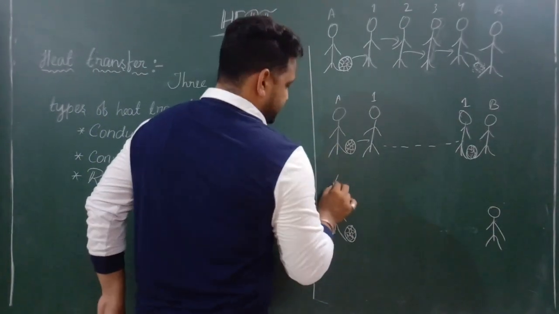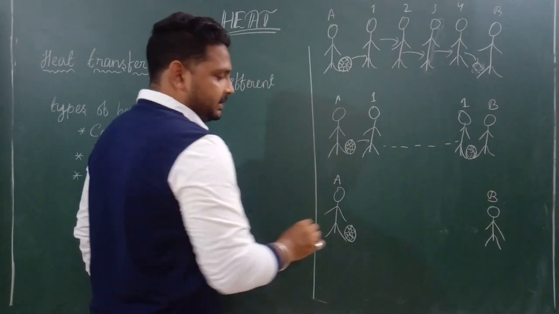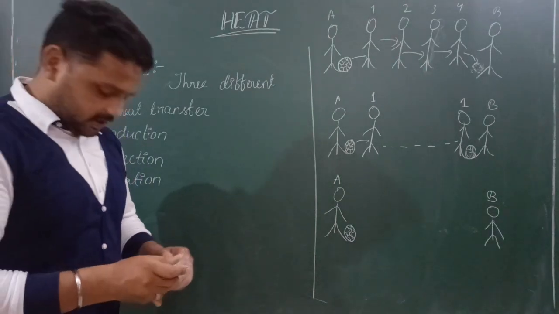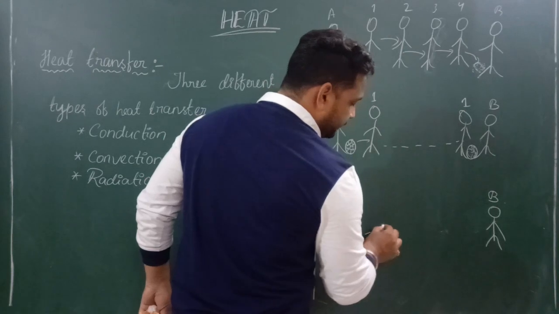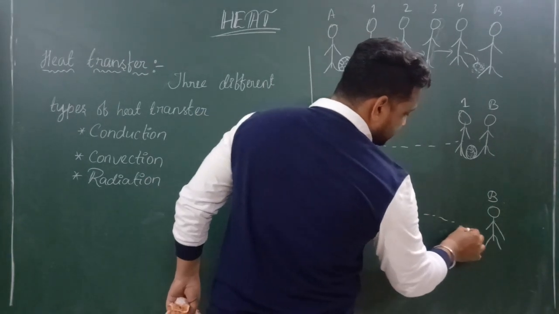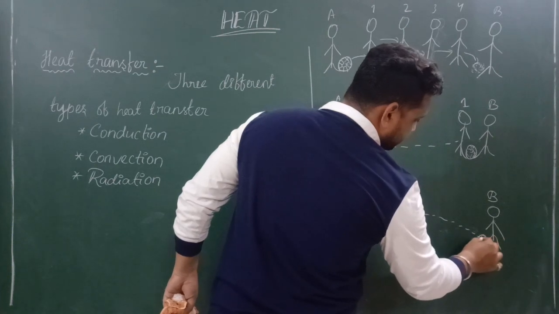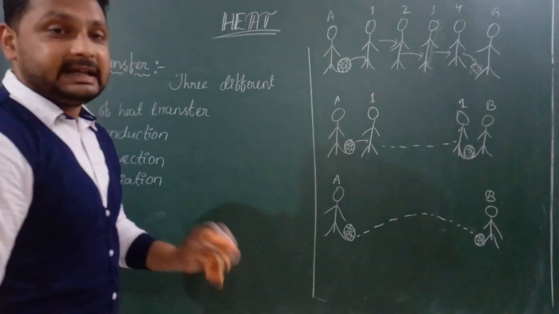Then the third case. In this case, A wouldn't take the help of any person, and he will just kick the ball such that it reaches near B. This method of heat transfer is called radiation.